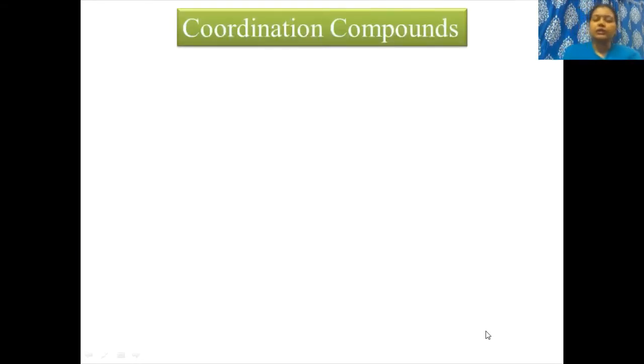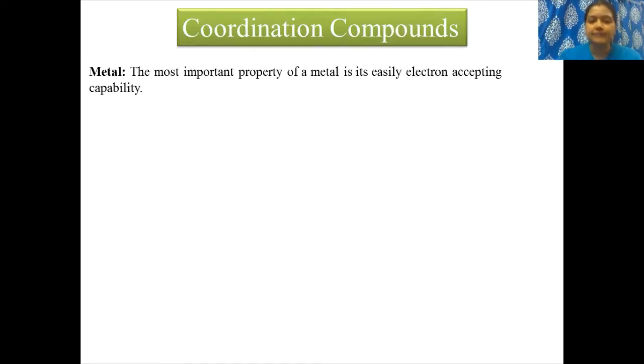We will now know briefly about coordination compounds and some basic terminologies. First is metal. Metal is the key part of a coordination compound. The most important property of a metal is its easy electron accepting capability, which is very important for the formation of coordination compounds. Say lithium.